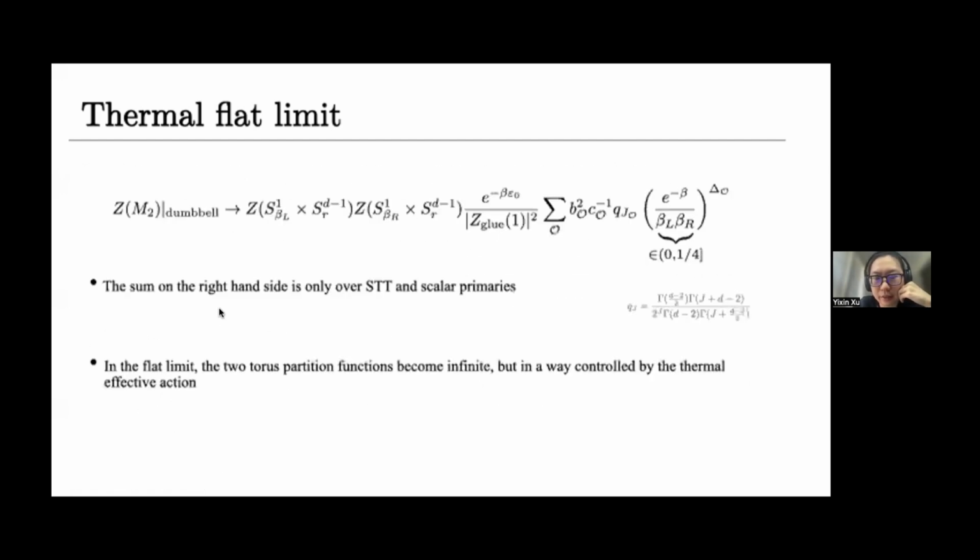Right, this expansion is only in the dumbbell channel. And you mentioned the fact thermal hotspot, but I wanted to clarify that we haven't used any hotspot conjecture in this expansion. Okay, maybe I just expressed myself using this, but you never said it.